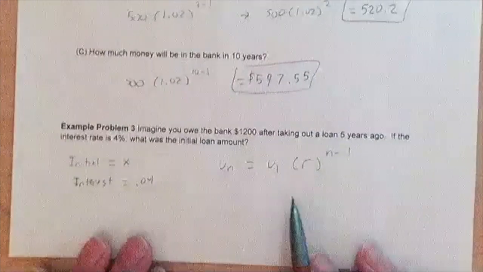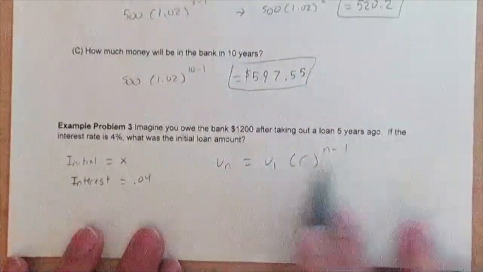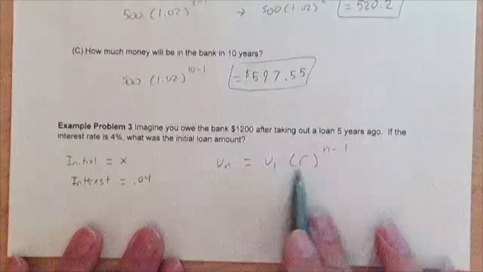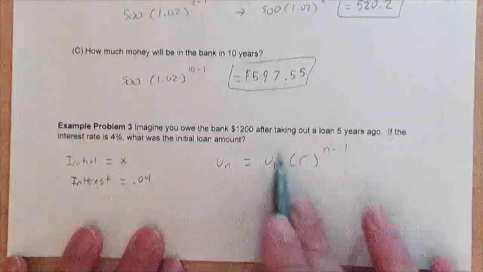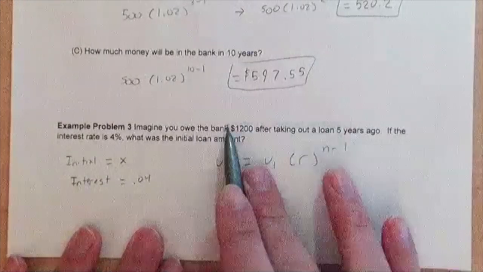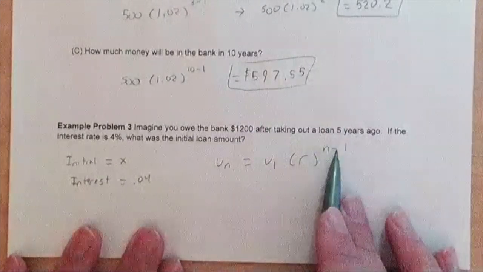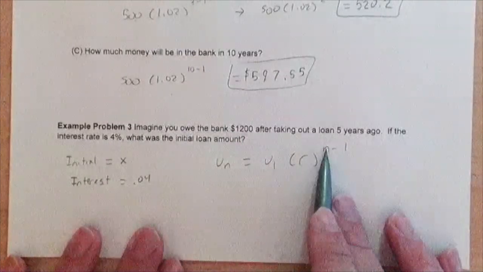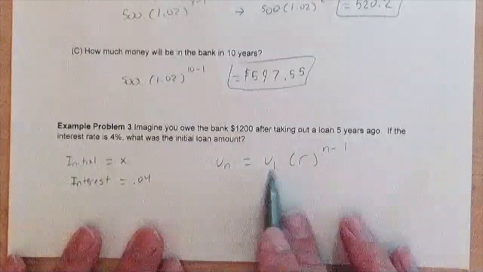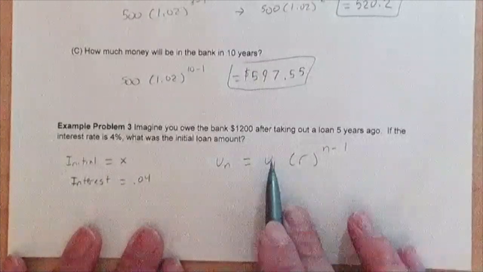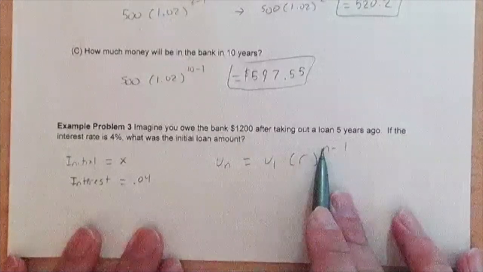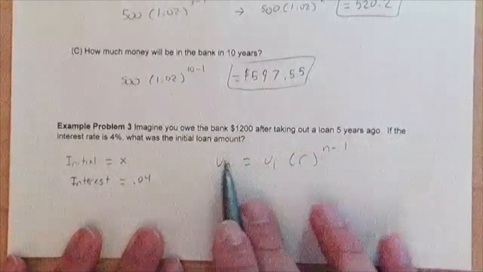So again, remember that if you need to fill out the equation, you're either going to be given the initial amount and the R, or you're going to be told some amount and some years, right? So it's saying that in the 5th year, if you put N5 here, this is going to become 1,200, right? We don't know what the initial amount is, but we know that some number multiplied by 1.04 to the 4th power is going to give me 1,200.